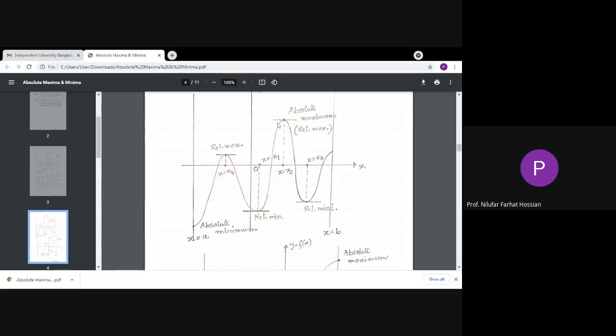If there is no connection between the left side and the right side, that means there is a discontinuity at the point x equals x2. In that case, the function cannot have any absolute maximum.